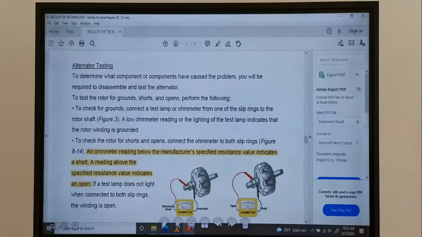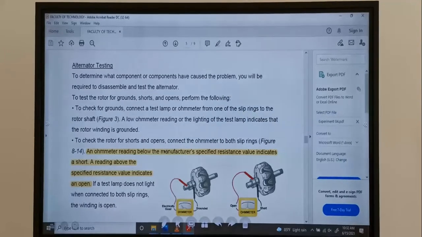A low ohm meter reading, or otherwise the test lamp lighting, indicates that the rotor winding is grounded.